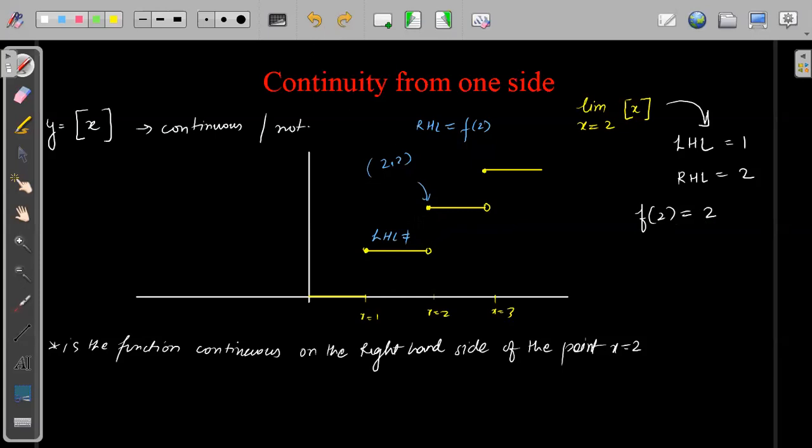But am I able to do the same on the left hand side? Can I draw the function from 2?